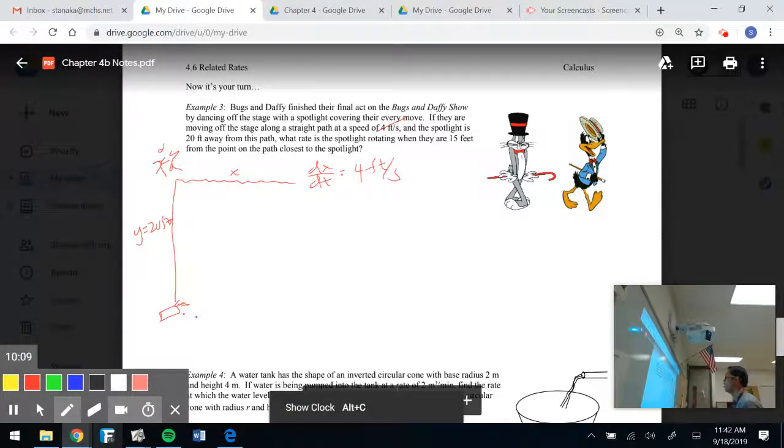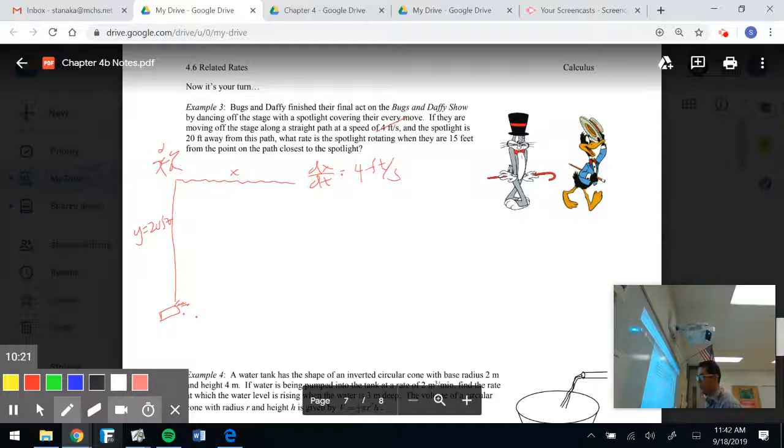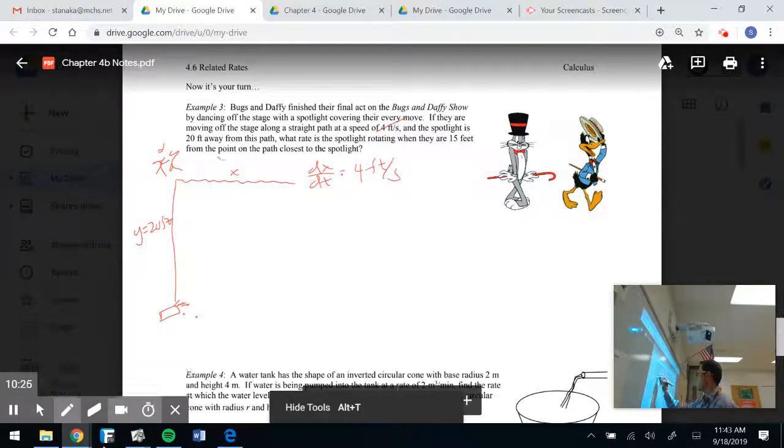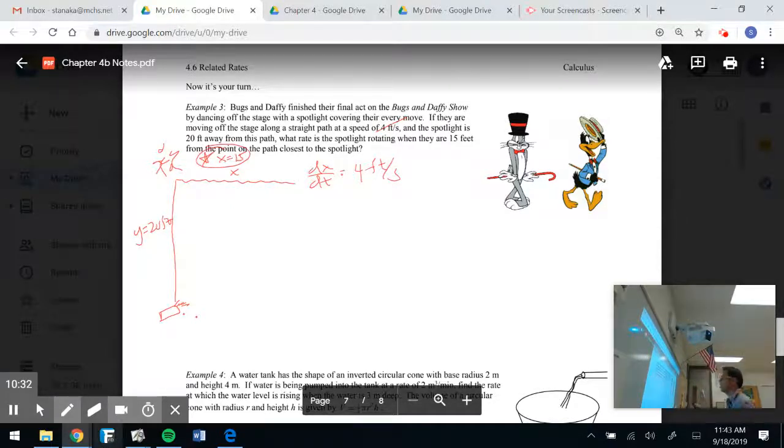Okay, spotlight. What is the rate that the spotlight is rotating when they are 15 feet from the path, from the point on the path closest to the spotlight? Okay, so we're 15 feet. So at the moment in question, that's going to be my little star, is when we're 15 feet from that point of the path.